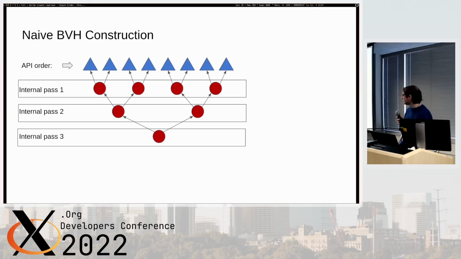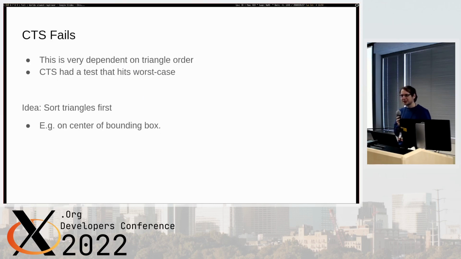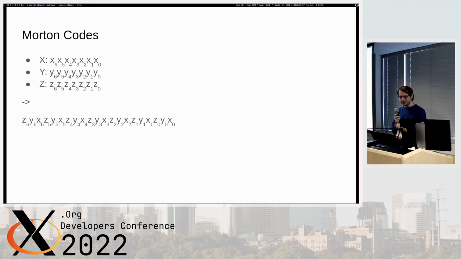So it was pretty easy to code. Of course, surprise, surprise, this doesn't pass CTS. A great example is if you have two things next to each other which are on completely opposite sides of the scene, you just get a maximum bounding box and you get to visit all the geometry anyway, which ends up pretty badly.